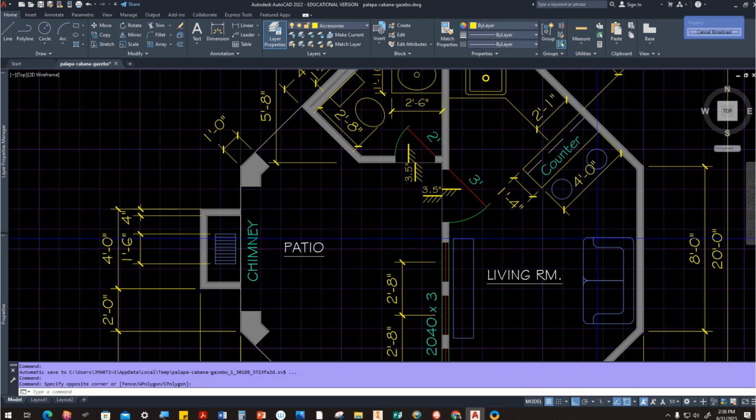So if you count the squares, like 1, 2, and more than half, that will be 2 feet 8, right? So you can make a 2 feet 8 by 4.5 squares, a little less. 4.5 would be 4 feet 6 inches.